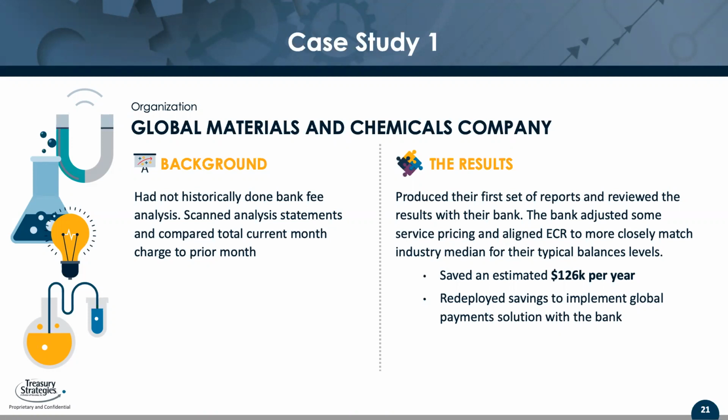As a result, it ended up saving them roughly $126,000 over the course of the year, just on their first report alone. This is one of those situations where everybody was able to walk away with a win, which is really nice.